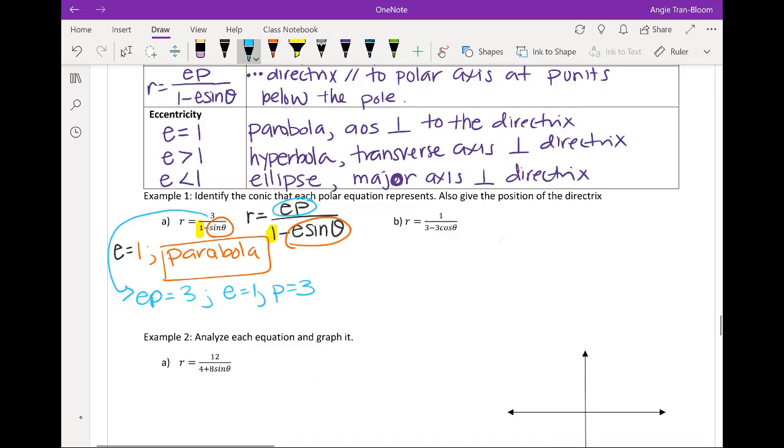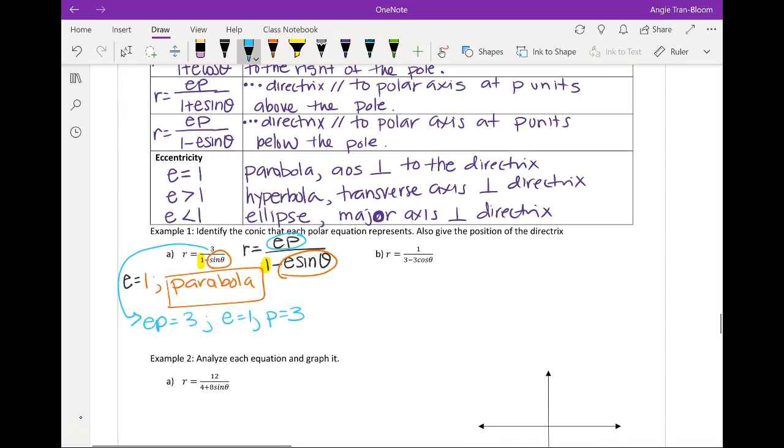Now let's talk about the directrix of a 1 minus E sine of theta. The directrix is perpendicular to what? I'm sorry, parallel, you mean? Parallel. That's okay. The directrix is parallel to the polar axis. How many units? 3 units. What direction? 3 units below the pole.